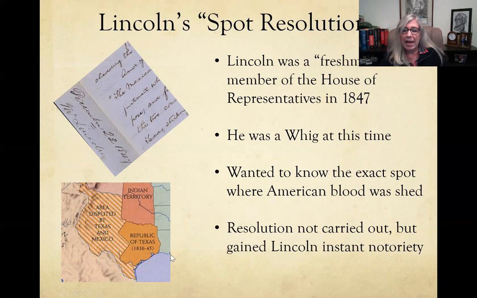Was this justified? Should we really be going to war? He wasn't terribly supportive of this Mexican-American War, as it was called. The spot resolution was basically ignored because, again, Abraham Lincoln was not very well known. But I think it gives us an indication of the leaning that Abraham Lincoln will have in the future.